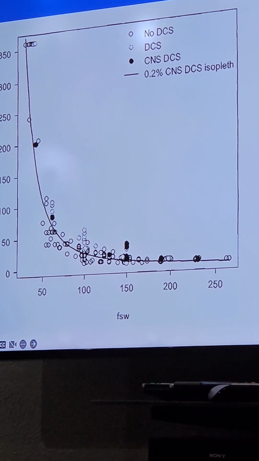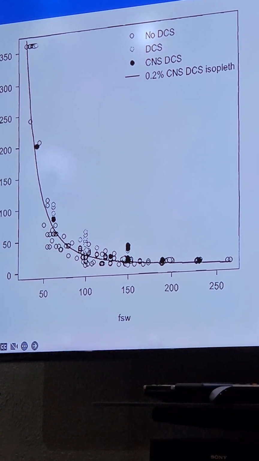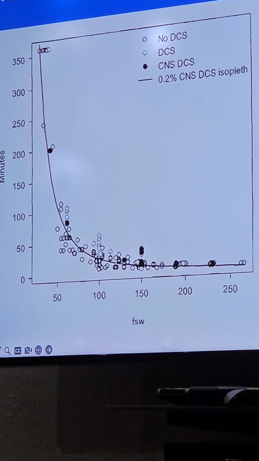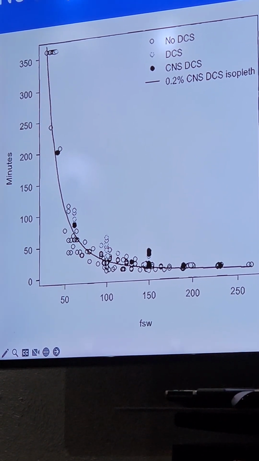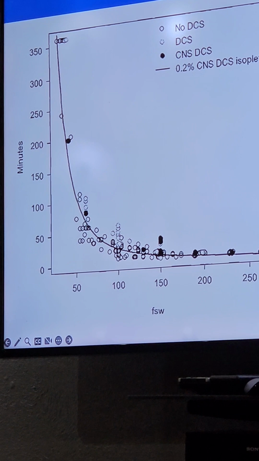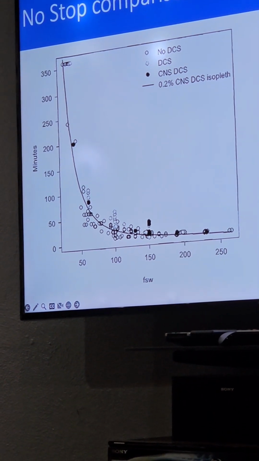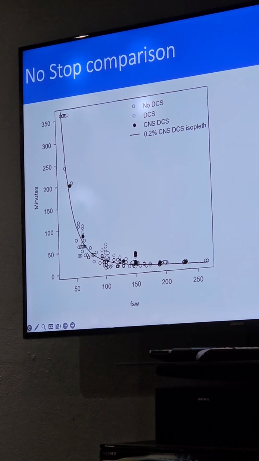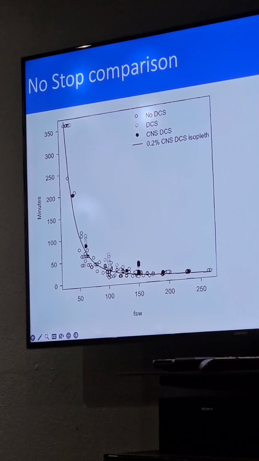This is from 120 feet. Hollow circles are instances of no DCS. Dashed circles are mild DCS.